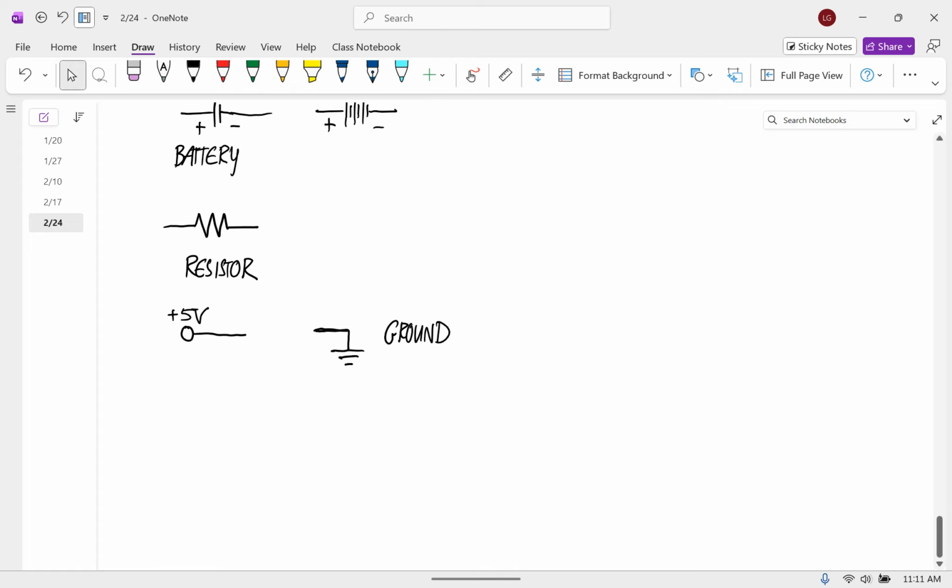And then the last thing we've talked about is an LED. So a diode generally looks like this. I think this is pretty descriptive of what's going on.